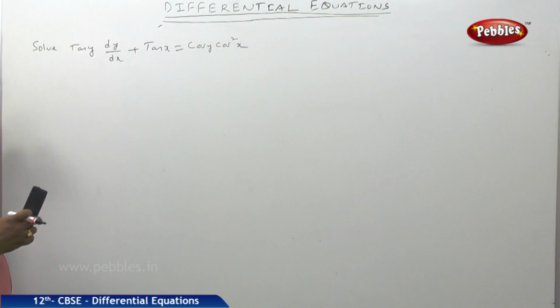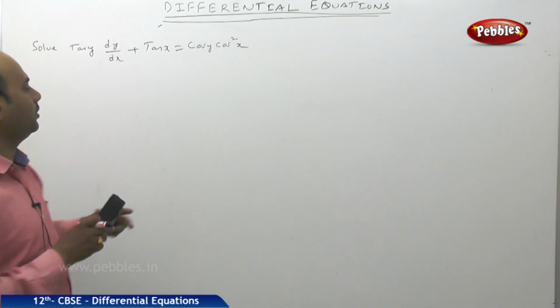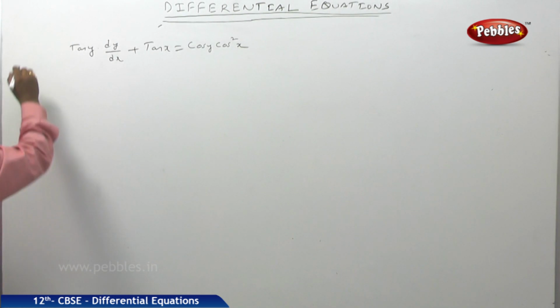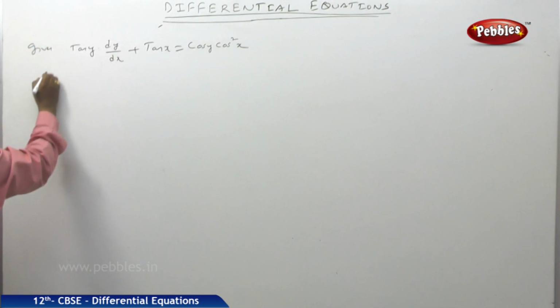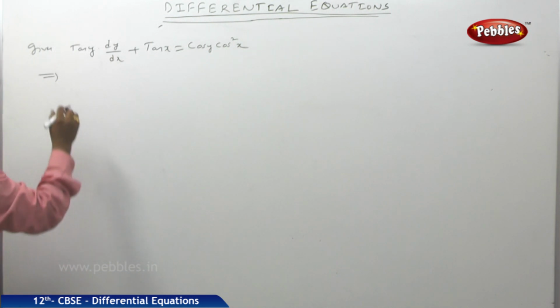Here you had given tan y into dy by dx plus tan x is equal to cos y into cos square x. This is given. So what I will be doing is dividing by cos y throughout the equation.